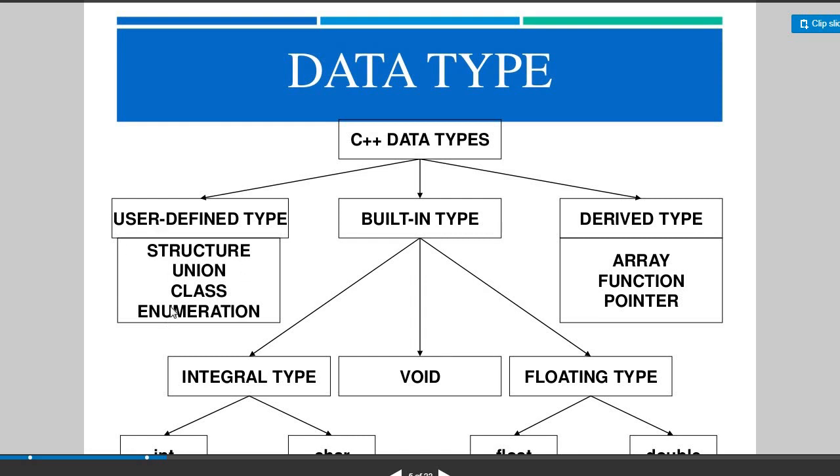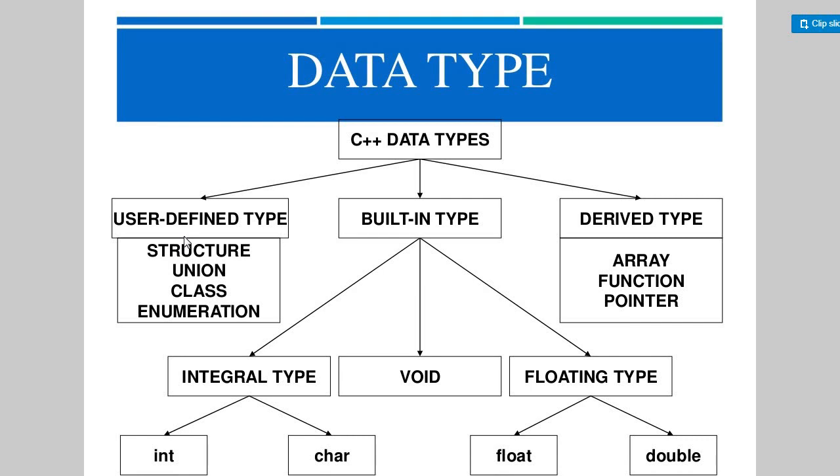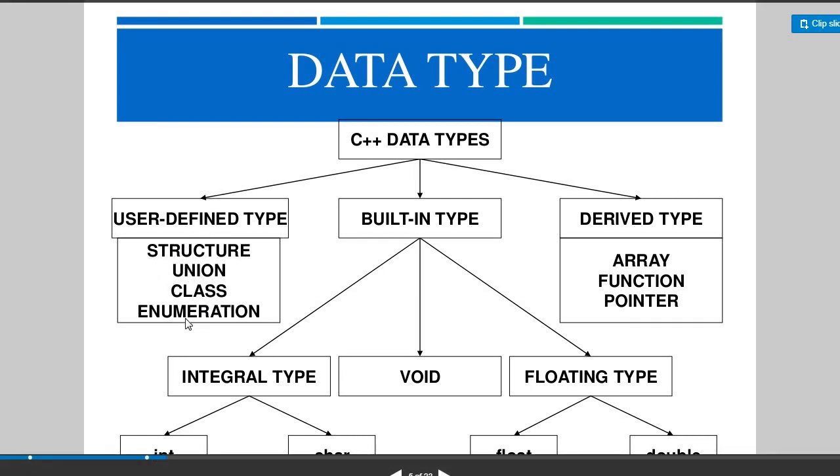User defined data type means the data types are defined by the user. Structure, union, class and enumeration are nothing but the user defined data types.